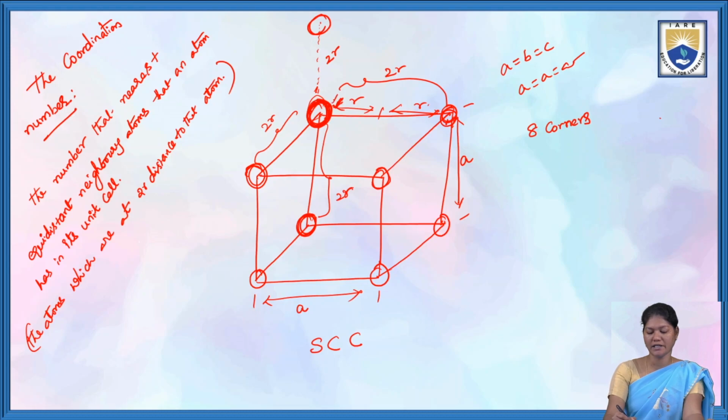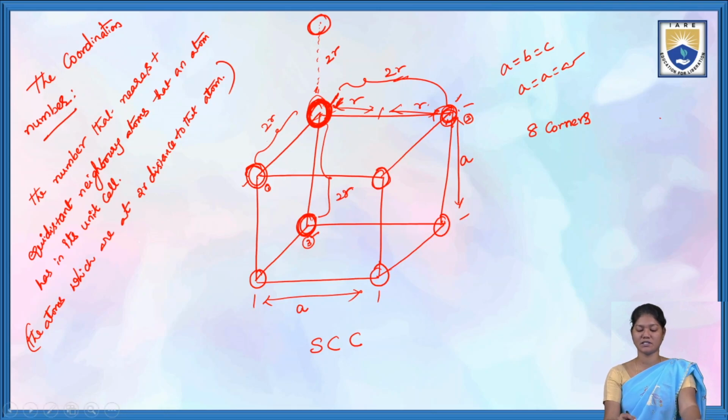To this atom, the nearest neighboring atoms at 2R distance are this one, first, second, third. We are counting 1, 2, 3 nearest neighboring atoms through this diagram.